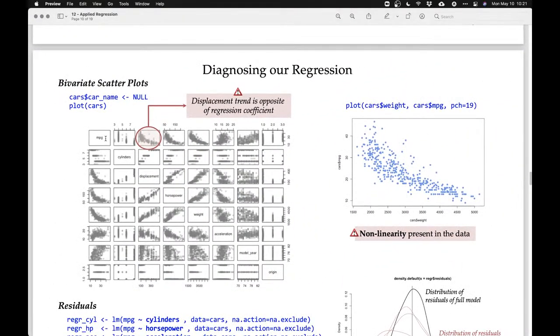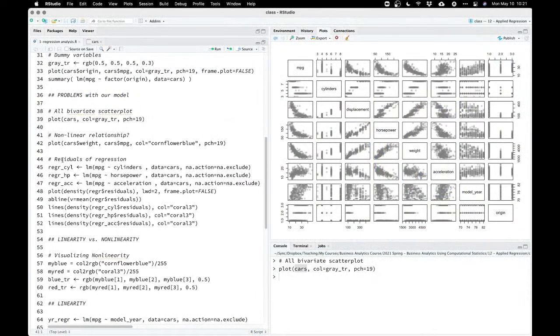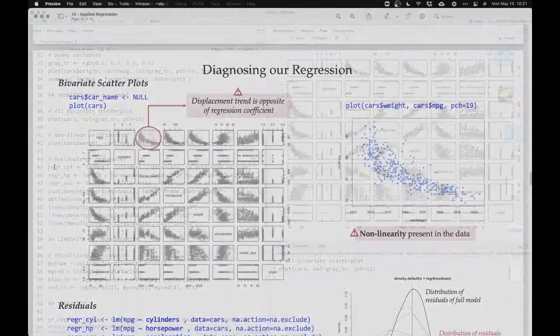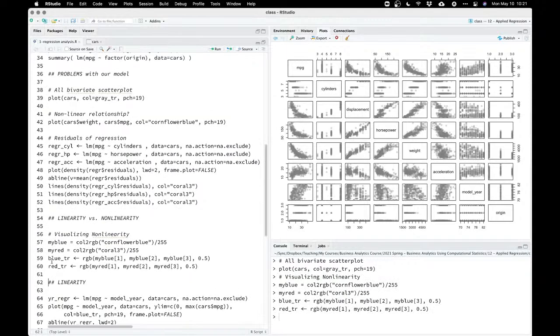For example, if I look at, let's say, weight and miles per gallon, where am I in my plots here? Hold on, I'm going to define some colors here.